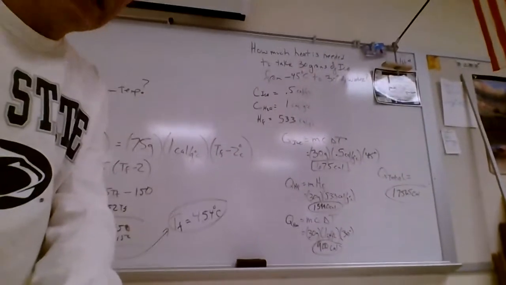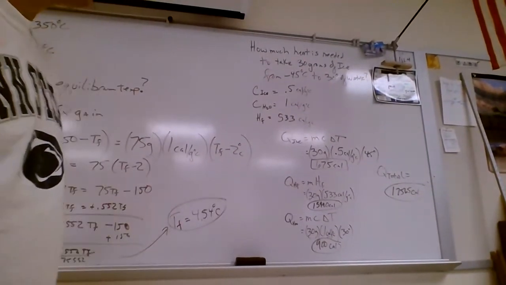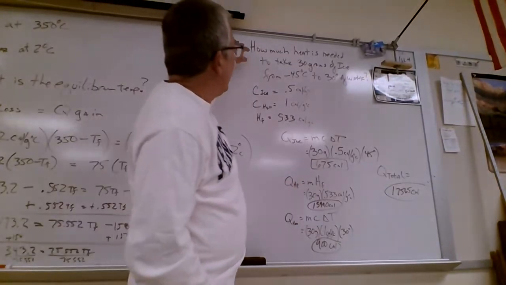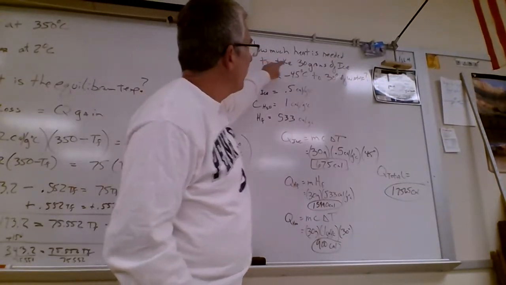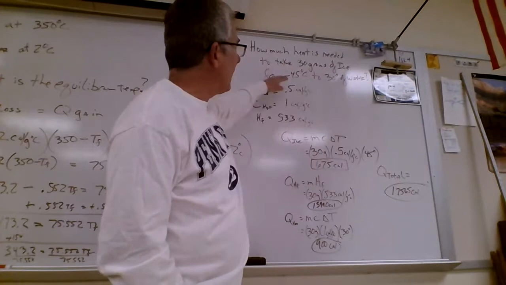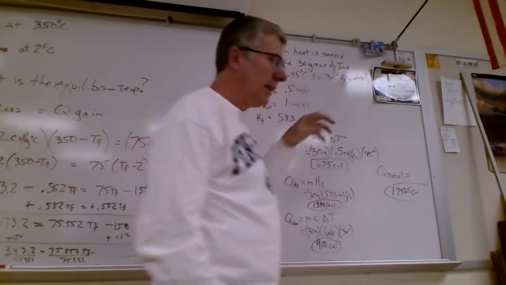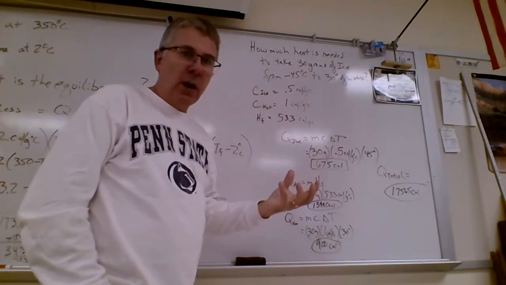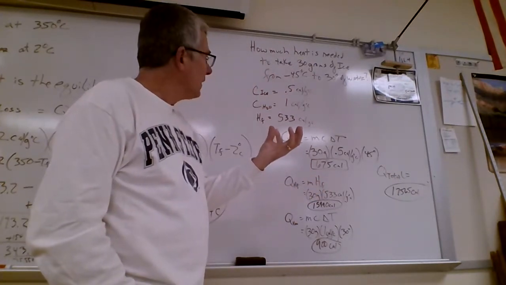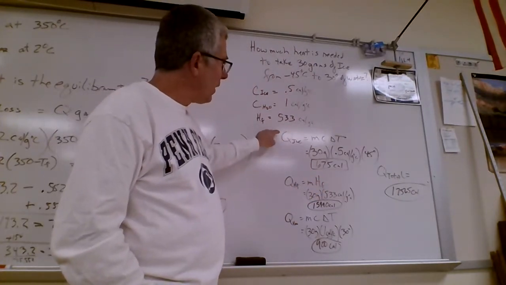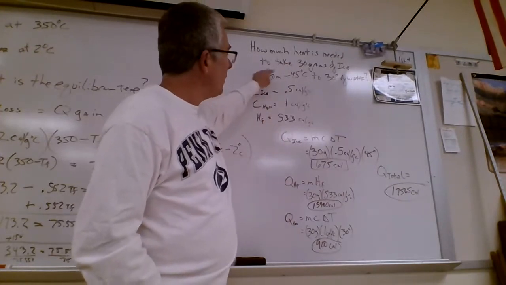All right, last question. This question is going to count as 2 questions because of all the work you're going to have to do. How much heat is needed to take 30 grams of ice from minus 45 degrees Celsius to 30 degrees of water? So we're taking that chunk of ice, we're heating it up. The ice is going to heat up from minus 45 to 0.